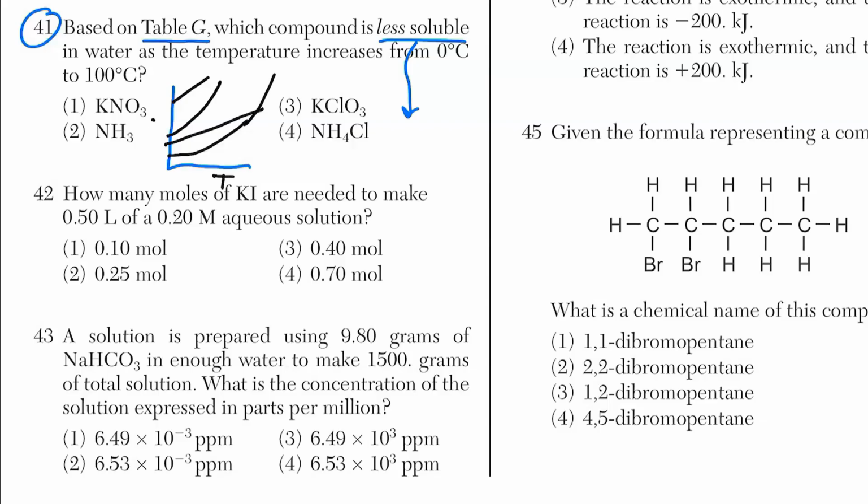So the y-axis is the grams of the amount of the substance you're trying to dissolve. So as temperature goes up, these lines go up, which means the solubility increases. But there's a few of them that drop downward. And that's what they're after in this question. And you should know the ones that drop downward are gases. Okay? And the ones that go up are solids.